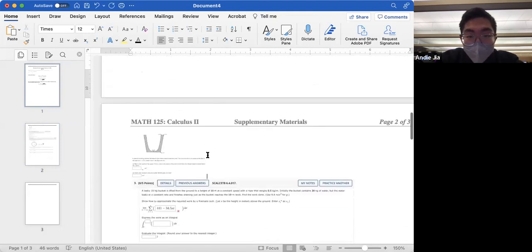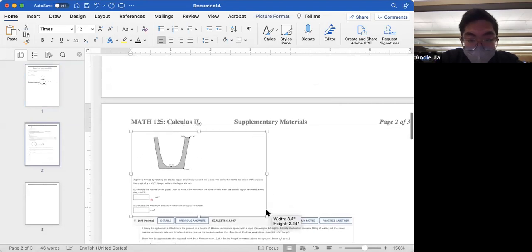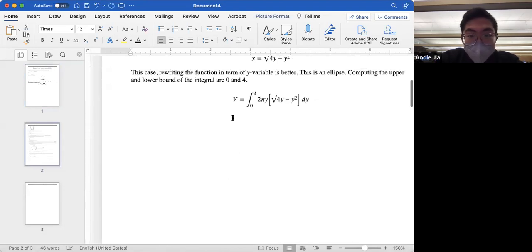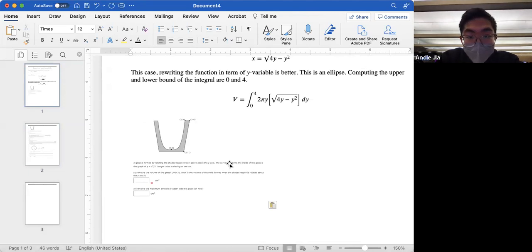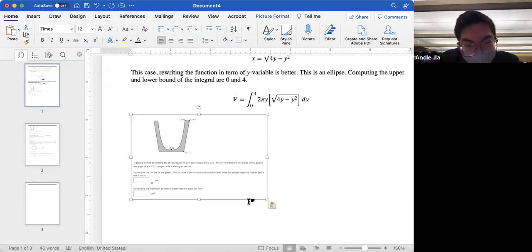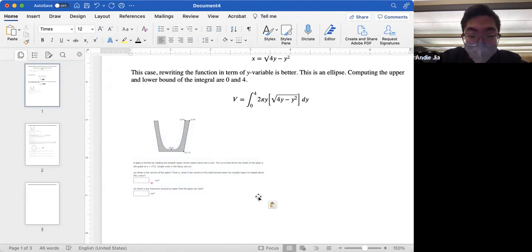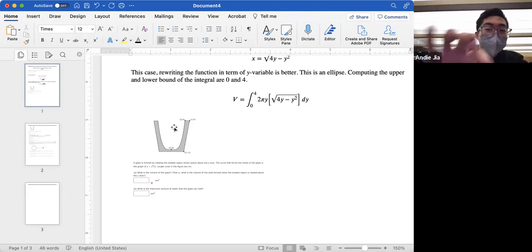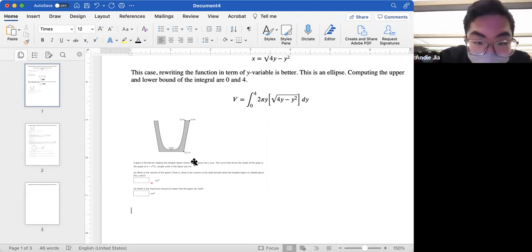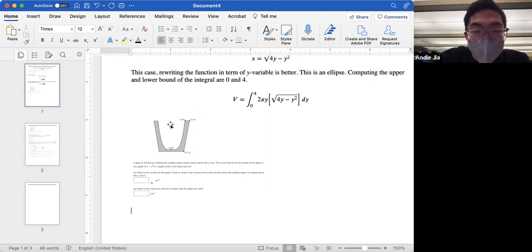So I'm just going to copy and paste this question here. In this case, the volume by shell is the curved side of a shape. We're rotating it about the y-axis.